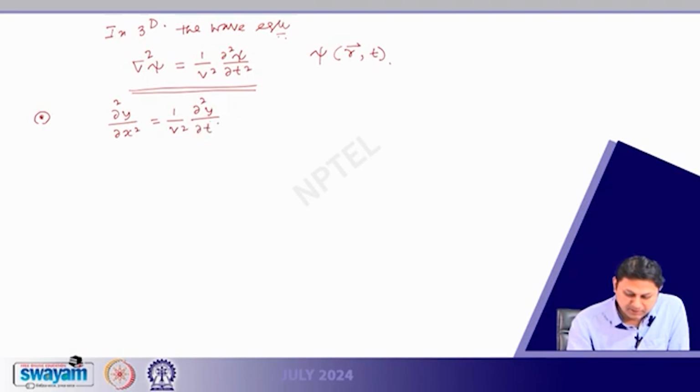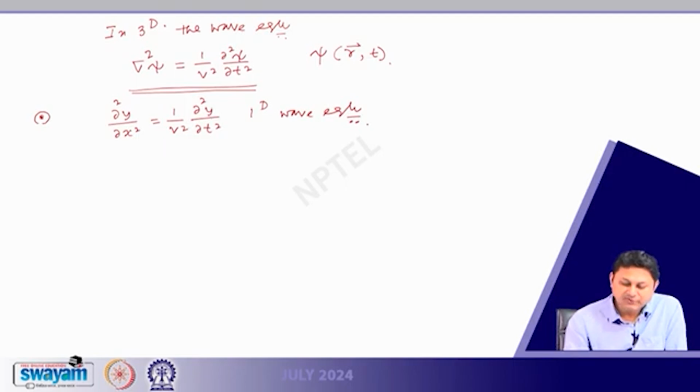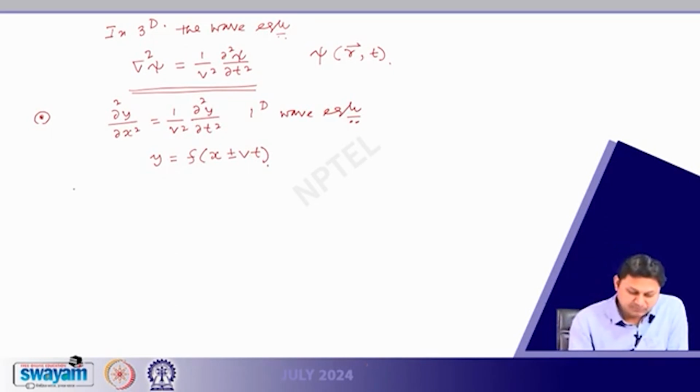That is my 1D wave equation, and this 1D wave equation has a solution of the form, as I mentioned, like this. So let us take a particular form which is very well known, and that is called the harmonic wave.